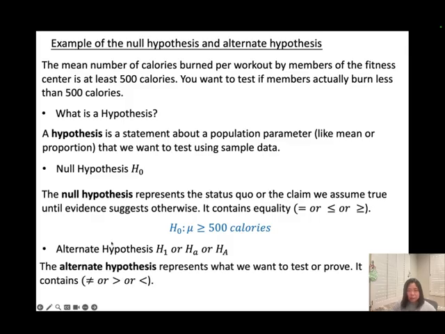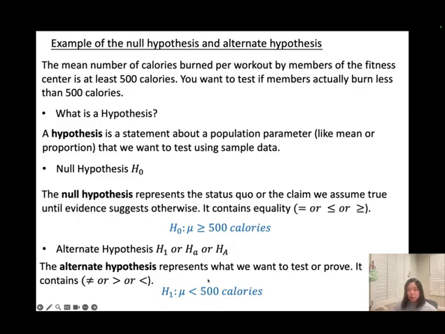The alternate hypothesis represents what we want to test or prove, and it contains not equal to, strictly greater than, or strictly less than. Since our null hypothesis is mean greater than or equal to 500 calories, my alternate hypothesis will be the opposite: mean strictly less than 500 calories.